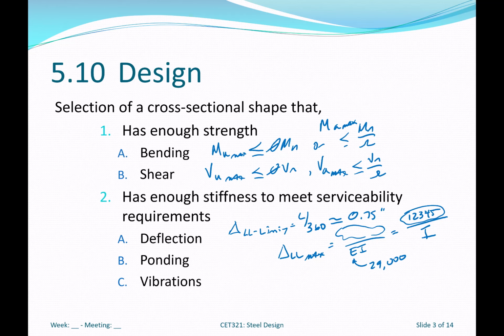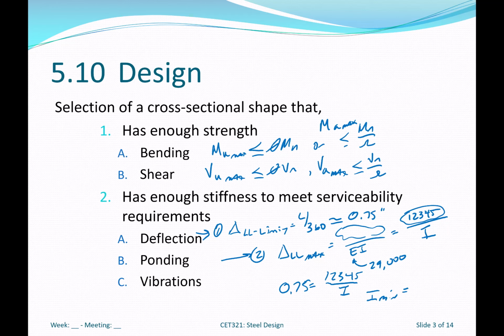Once I have these two pieces of information, how much am I allowed to deflect and what am I expecting to deflect, then I can set them equal to each other. So I can put 0.75 inches equals 1, 2, 3, 4, 5 over I, and I can calculate I minimum for that condition.